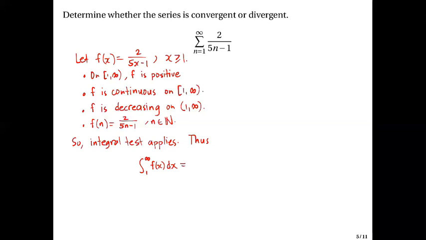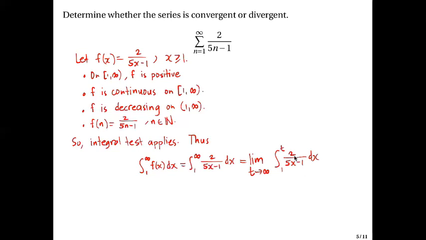This is equal to the integral from 1 up to plus infinity of 2 over 5x minus 1 dx. And again, by definition, this is just the limit as t approaches plus infinity of the integral from 1 up to t of 2 over 5x minus 1 dx.